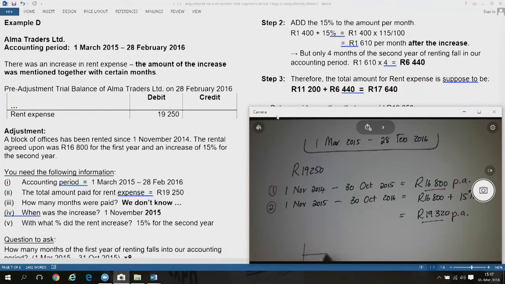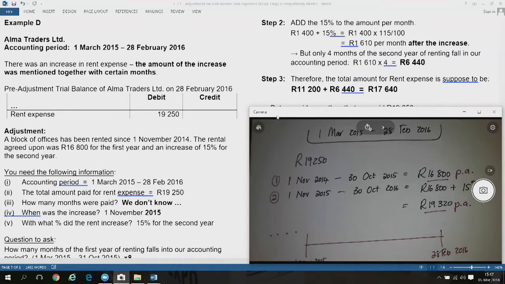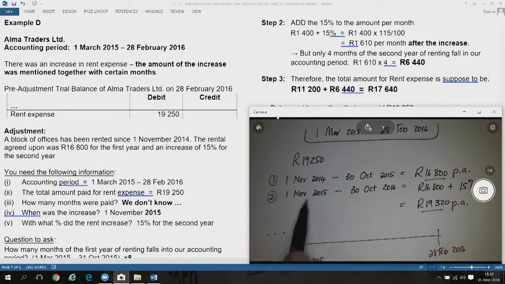If this is our accounting period from the 1st of March 2015 until the 28th of February 2016, you will see that November, December, January, February of the first year, March, April, May, June, July, August, September, October, end of the first year.